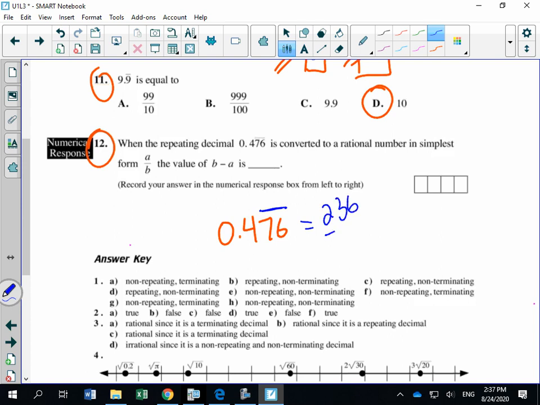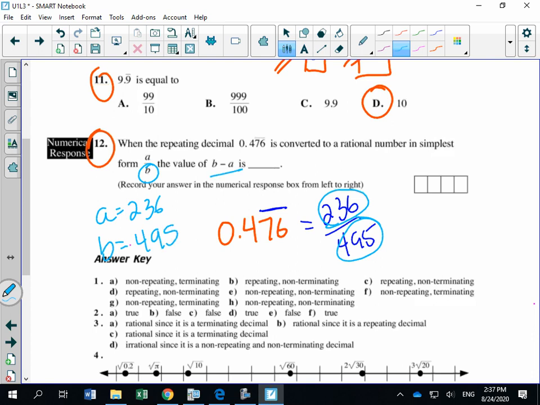236 over 495. Now, it says when you convert that to a rational number in simplest form, it's going to give you this fraction a over b. So if I said, okay, well, what's the value of a? I hope you guys realize that that's my a value, 236. My b is in my denominator. That's my b value, 495. And what the question is asking is, okay, well, what is b minus a?